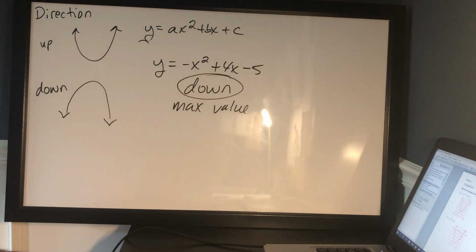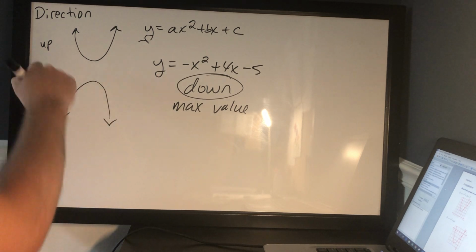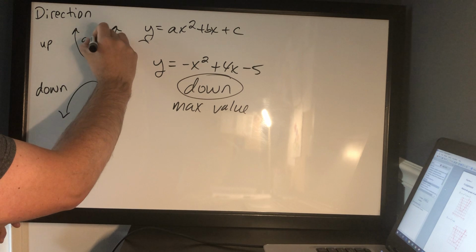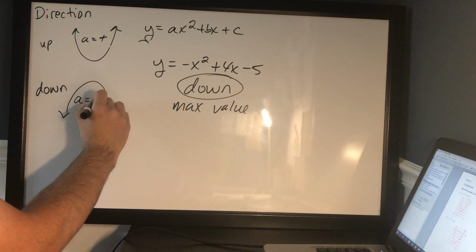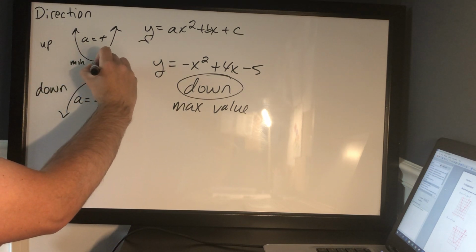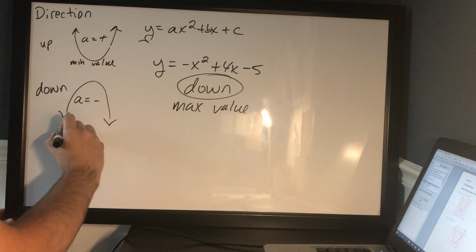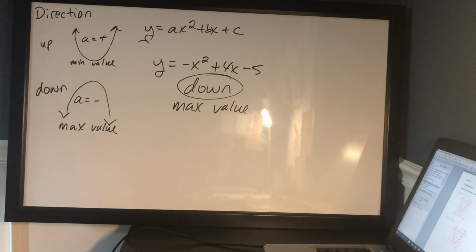Okay, so if it just says which direction does the function open, you'd say up or down. If I do ask, does it have a maximum or minimum value, you would answer accordingly. So remember, if it opens up, that means a is positive, opens down, a is negative. If it opens up, it has a minimum value. And if it opens down, it has a maximum value.